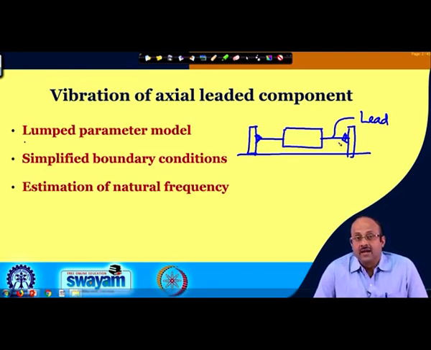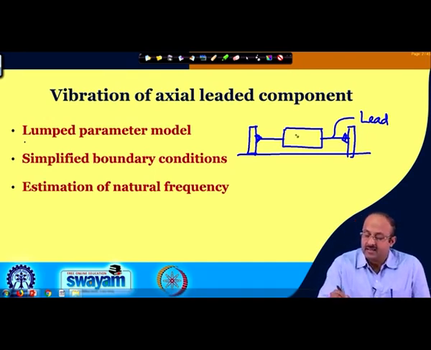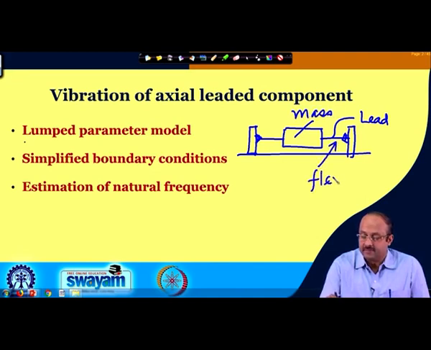Now, the lead wire, this is very thin wire, very small diameter and of course, certain length, it has flexibility. So, we will consider this to be the mass, and this part it will generate the flexibility.